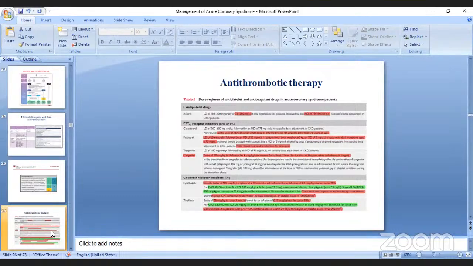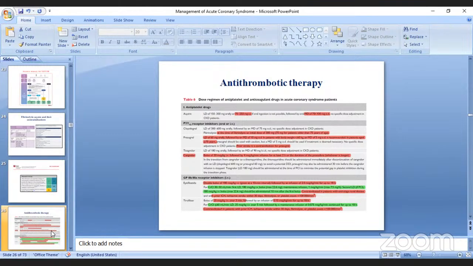Clopidogrel is given in a loading dose of 300 to 600 mg orally, followed by a maintenance of 75 mg. Prasugrel is an initial loading dose of 60 mg, followed by a maintenance of 10 mg in patients weighing less than 60 kg. In case of patients aged above 75 years, the prasugrel dose is reduced to 5 mg. Prior stroke is a contraindication for prasugrel.